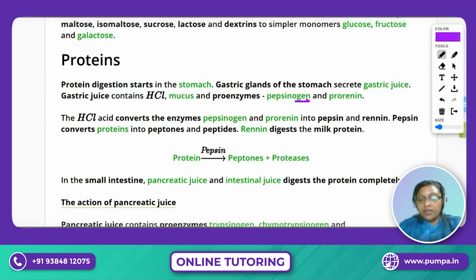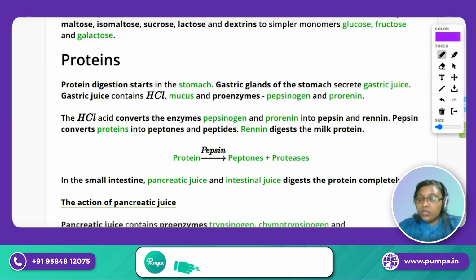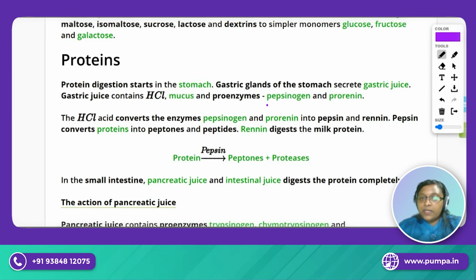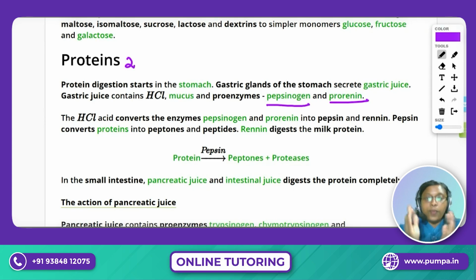If the gn term is added, it says that it is an inactive form. Another one starts with pro, which means it is also an inactive form, or a precursor. So pepsinogen and prorenin are the two important protein digesting enzymes which are produced in the stomach.